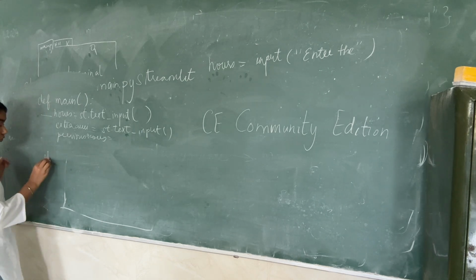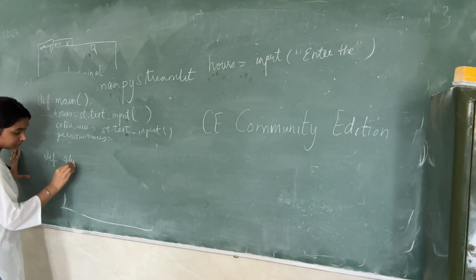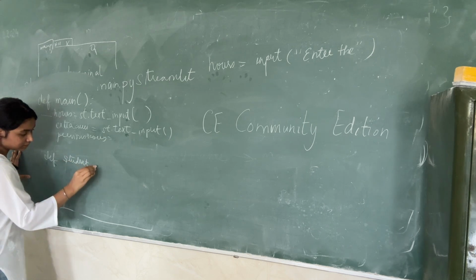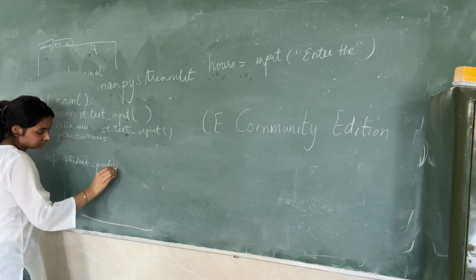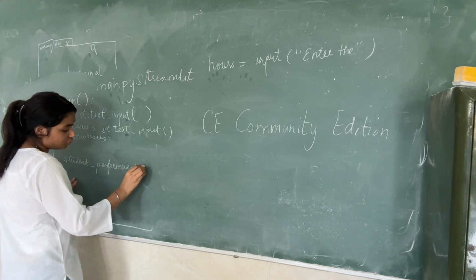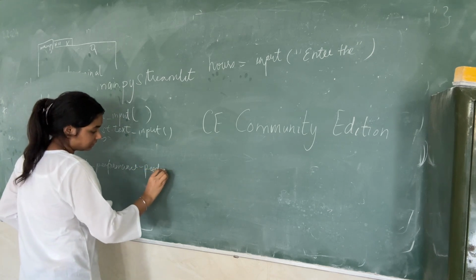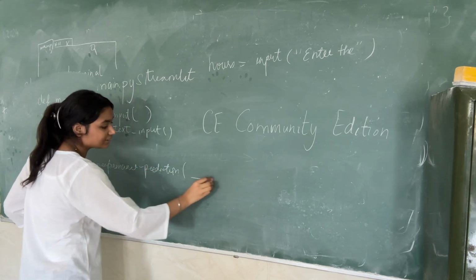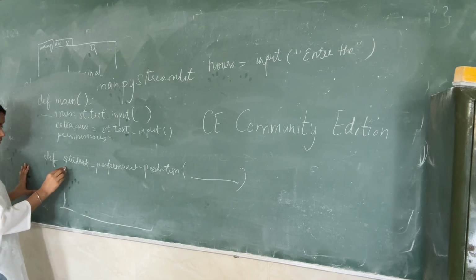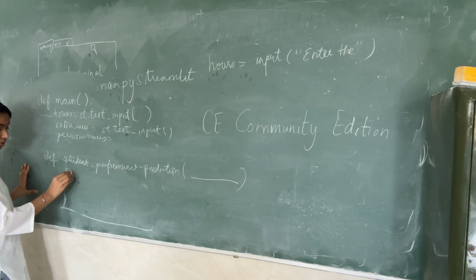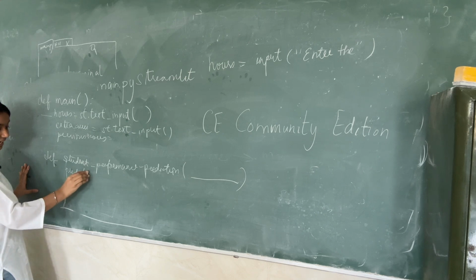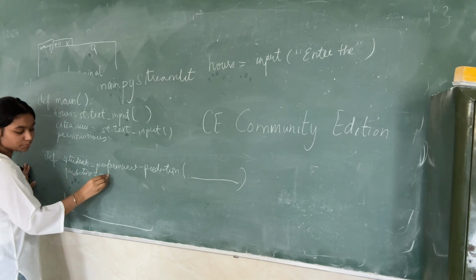Then in our student performance prediction function, there are some parameters here. You have to get a variable known as prediction, and inside it you have to store the model's prediction.